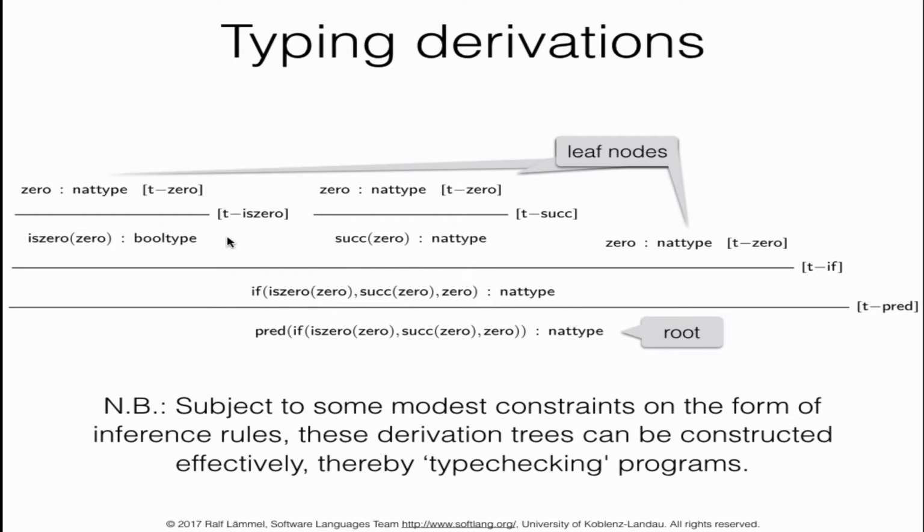And basically the tree, at every level, at every node, has as many branches as there are premises. So for example, here we start with a pred if expression. And so the pred rule has one premise concerned with the operand, and the if rule obviously has three premises concerned with the three sub-expressions, and in this manner we can basically prove or calculate the type of an expression.